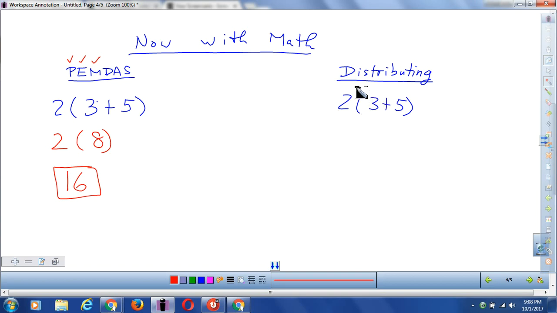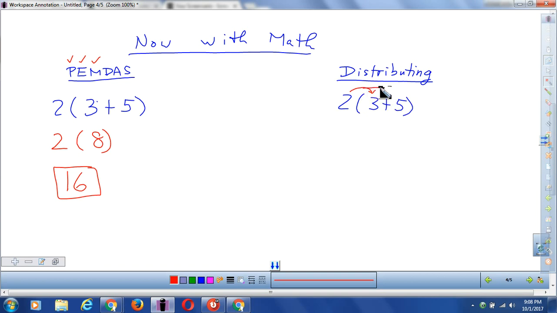Well, now take a look at it with distributing. This is a special type of multiplying, and as I said, it's very useful in algebra. And it's possible we should teach this at an earlier time, around the time we teach PEMDAS. Well, what I can do when I distribute is I'm going to take this 2, and I'm going to multiply it with that 3. But of course, since I'm distributing, I have to give it to every piece inside the parentheses.